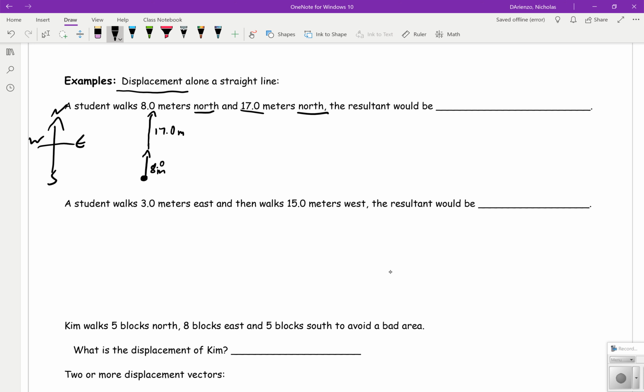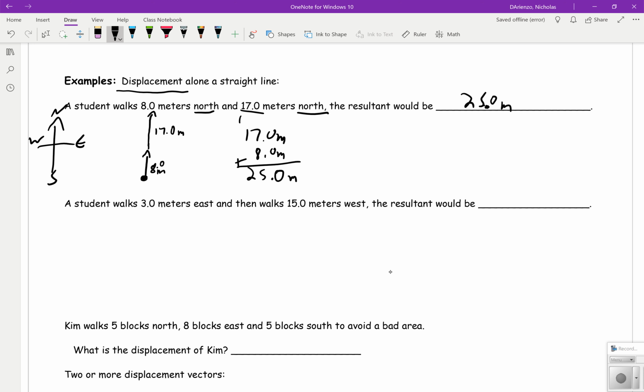Now, in order to figure out the total displacement, we're going to put these two vector arrows head to tail, end to end, and we simply combine them. Our level of precision will be in the tenths place, and what we get is 25.0 meters.